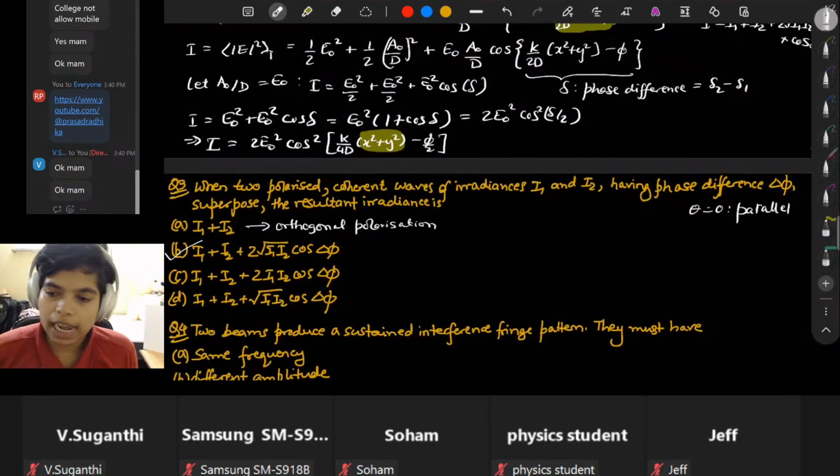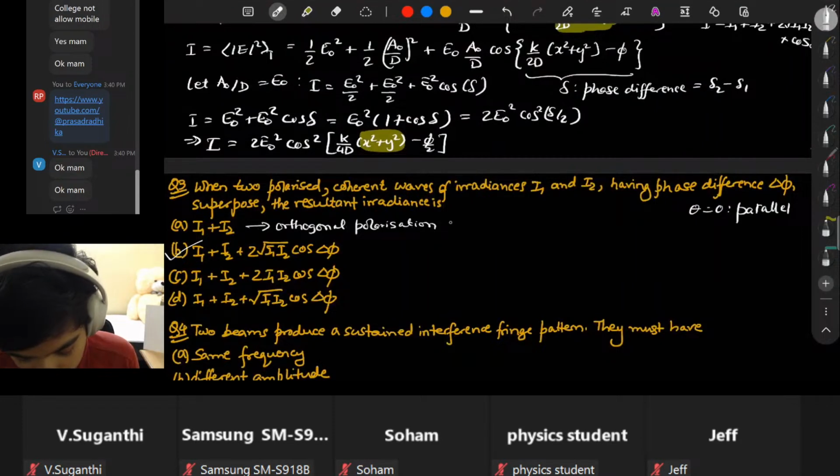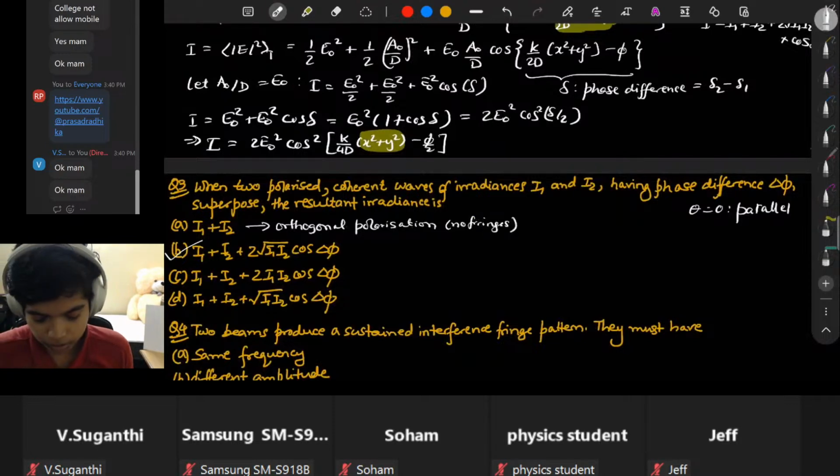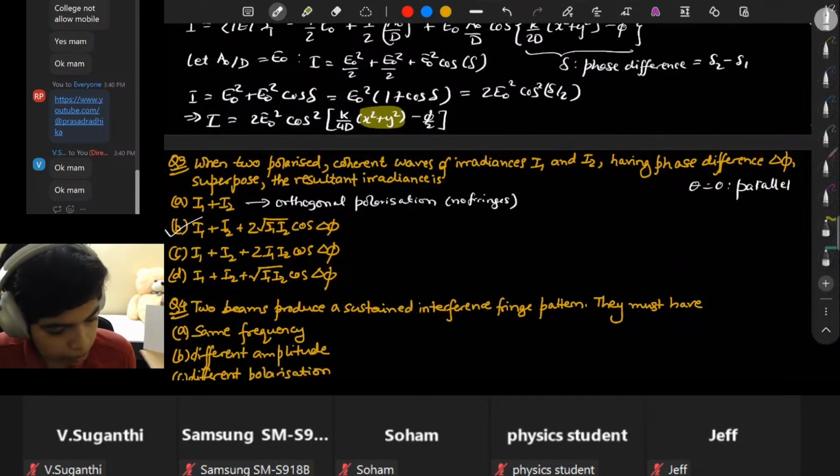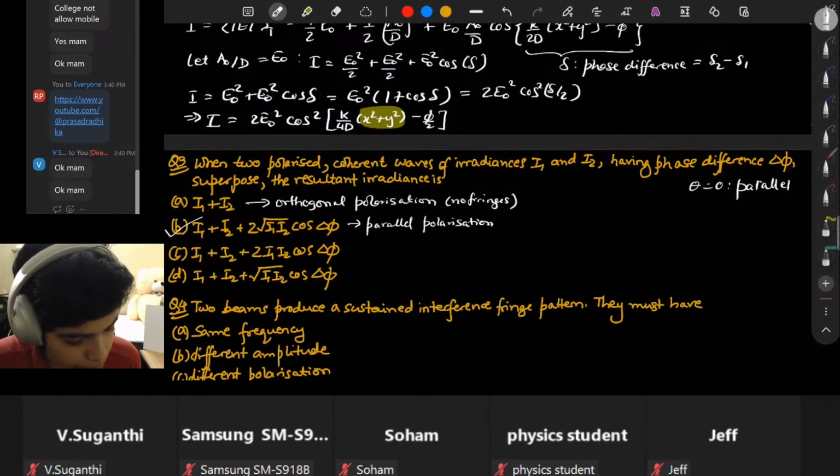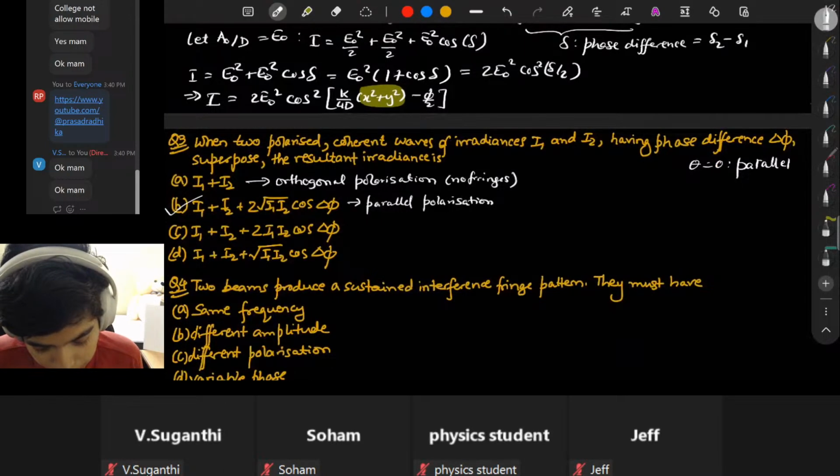The first option is the case for orthogonal polarization, wherein you don't see any interference fringes. The second one, which is the correct answer, is for the case of parallel polarization. The third one, as you see, is a dimensionally incorrect answer.